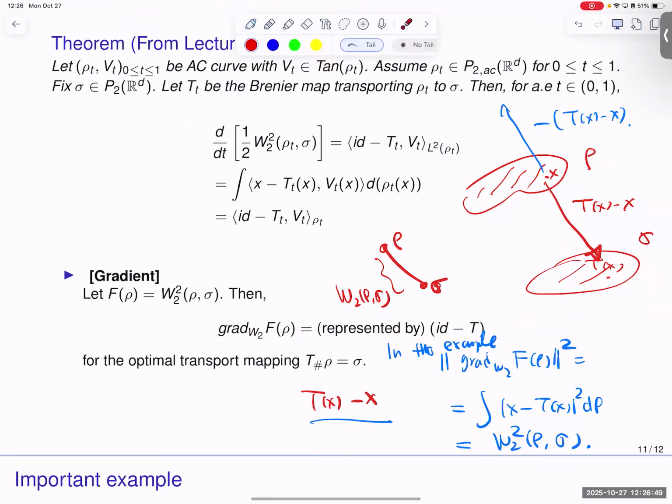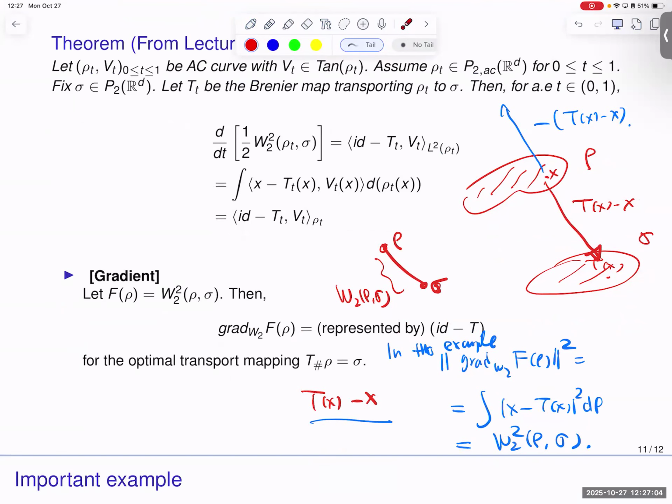So the size of the gradient is nothing but the W2 distance between them. So that obvious feature of Euclidean distance is generalized here.